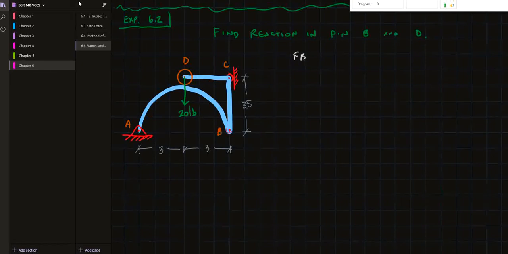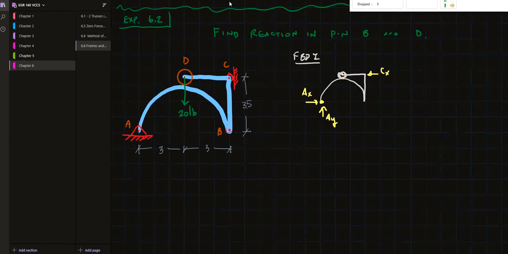Okay, so free body diagram number 1 is, let's do the whole structure. So this is the whole structure, which means I have a CX, I have an AY and an AX, and then I have 20 pounds.